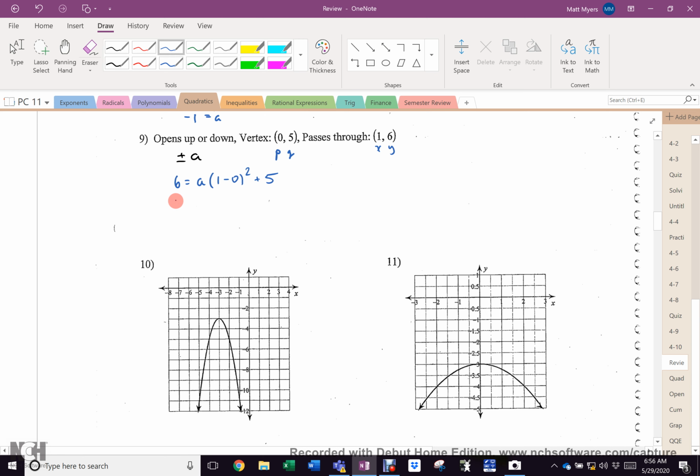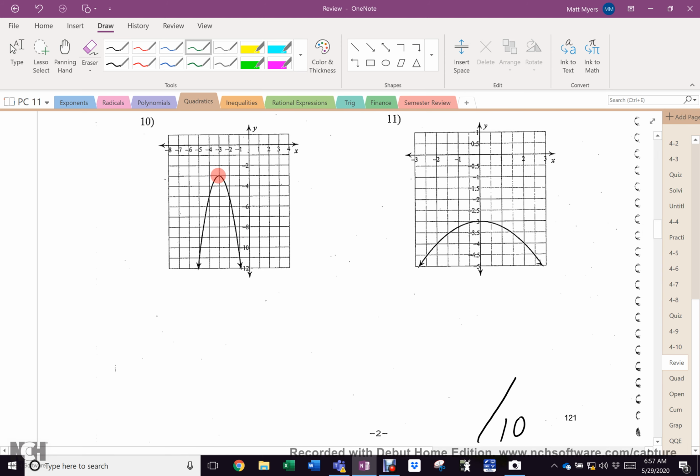Bring that over. 1 equals a, because 1 minus 0 is 1, squared is 1, 1a. So we've got it. Y equals plus or minus a again, so plus or minus 1, (x plus 0) squared plus 5. We don't need those brackets. Y equals plus or minus x squared plus 5. Now, if you left those brackets in there, even if you wrote plus 0, I'm still giving you a full mark, so it doesn't matter.